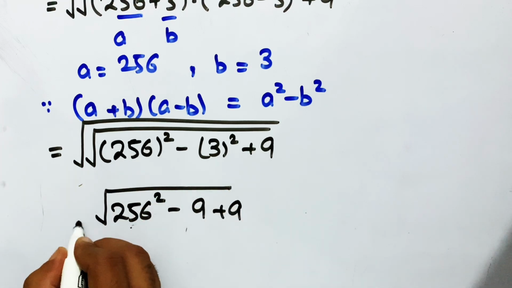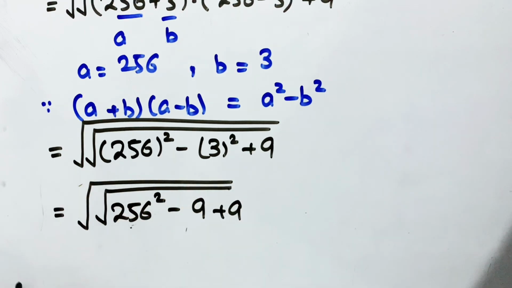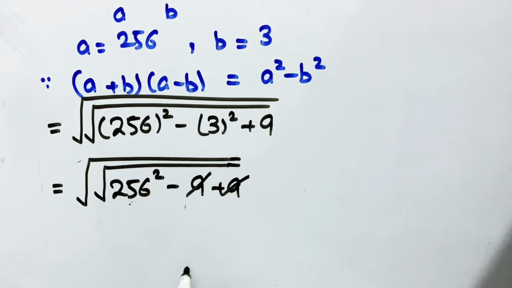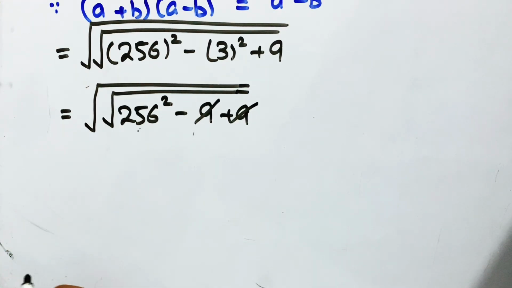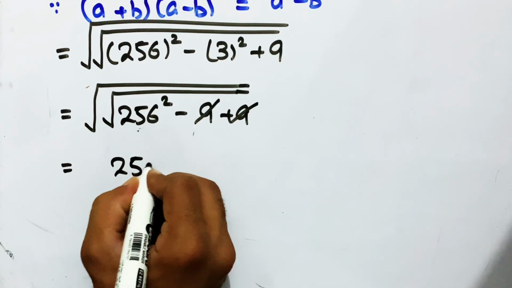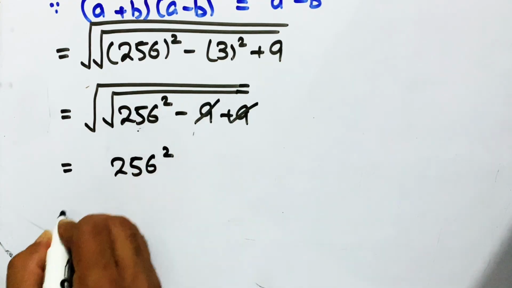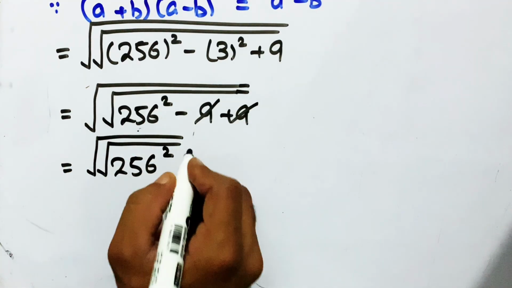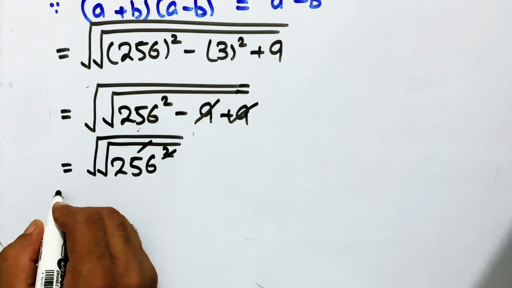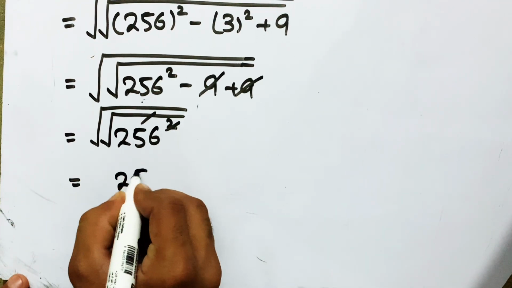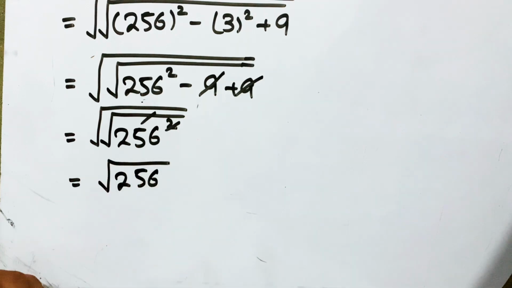The minus 9 and plus 9 terms cancel. So our resultant value is the square root of 256 to the power of 2. The square and square root cancel out, so one square root cancels, and that is equal to the square root of 256.